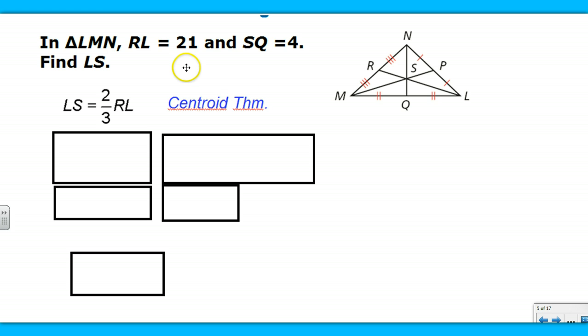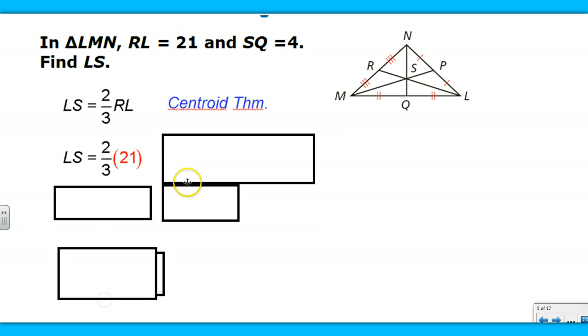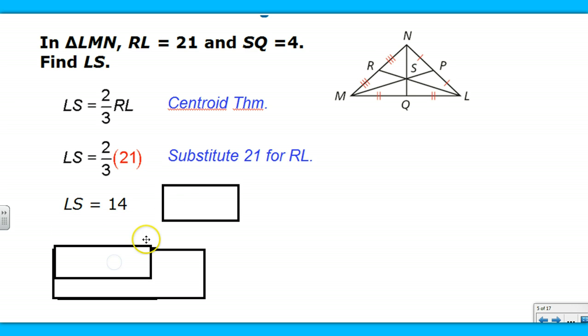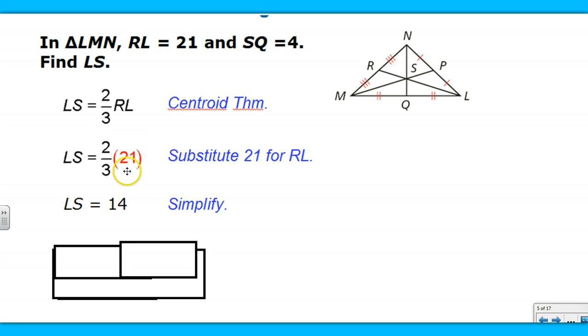And do we know RL? Aha. We are given that, aren't we? So we can use substitution to complete this expression on the right? And so now we can simply find 2/3 of 21, which is 14. So LS is 14, and that's just simplifying the previous expression, multiplication, right? Very good. So this information about SQ, was that necessary to answer the question? No.